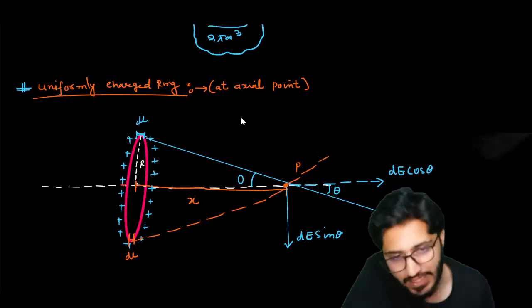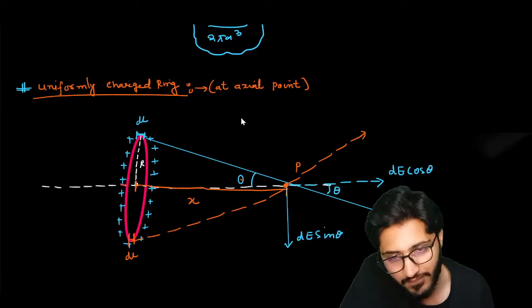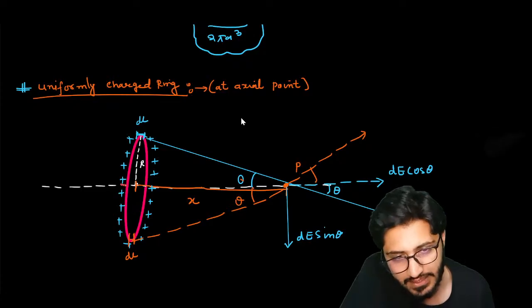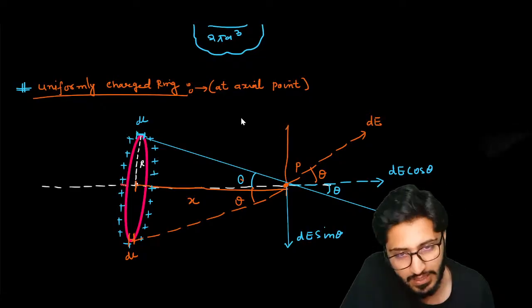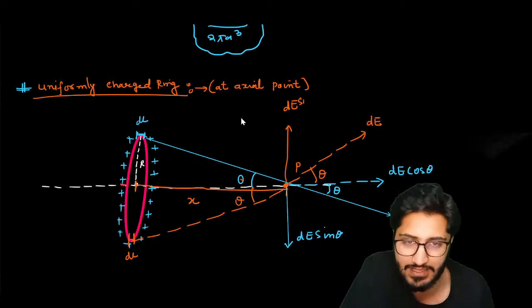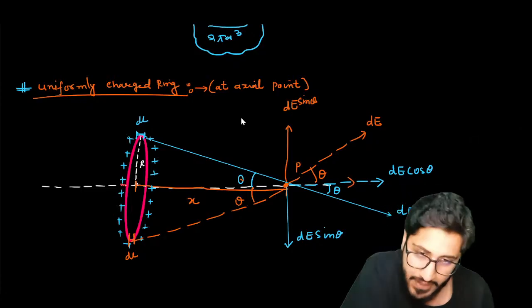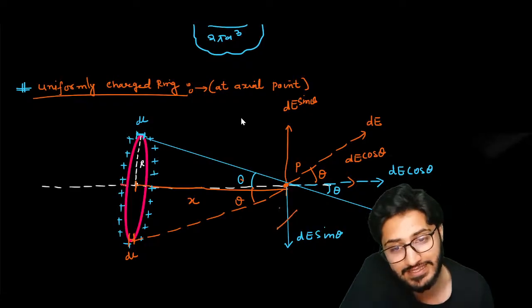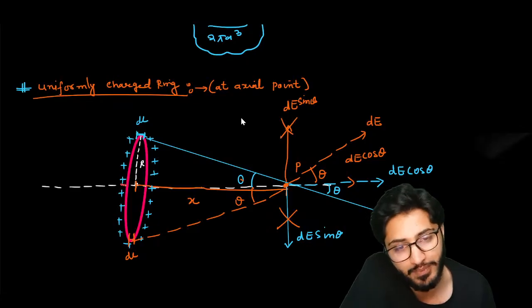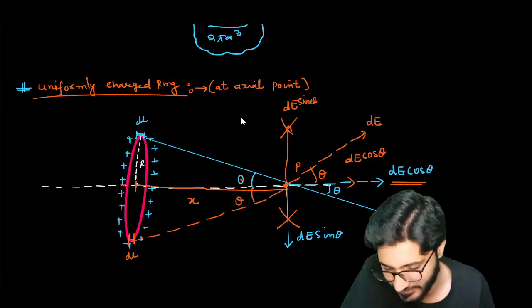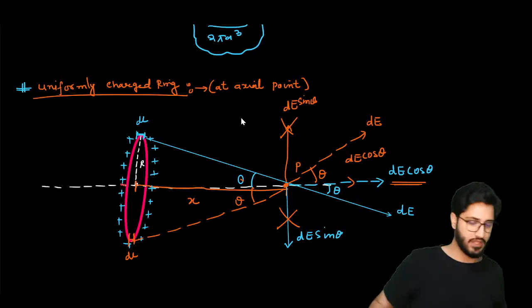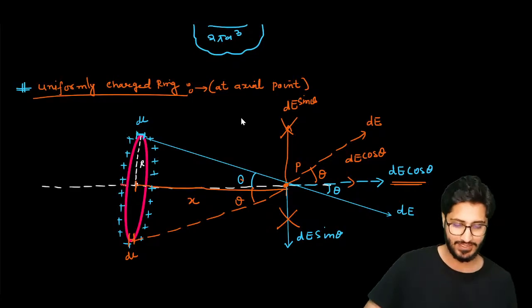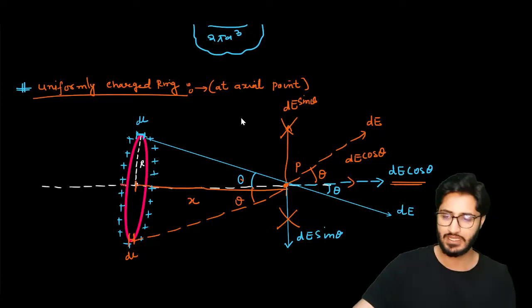This angle is also theta, and the field is the same dE. So one more component is dE sin theta, and another is dE cos theta. Since it is a symmetrical body, dE sin theta and dE sin theta will cancel. So my net will be dE cos theta only. Done? Now look.